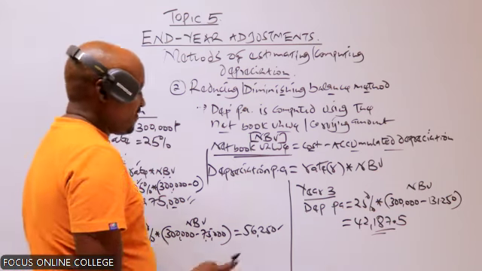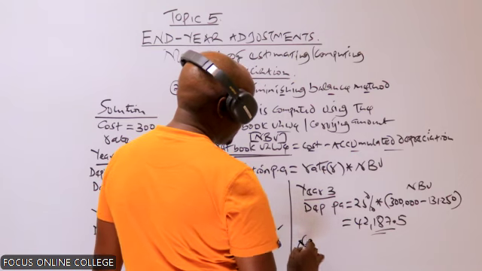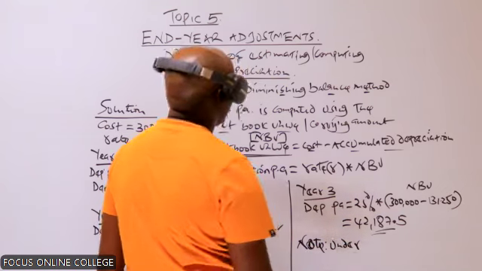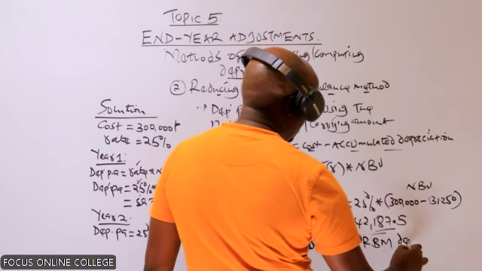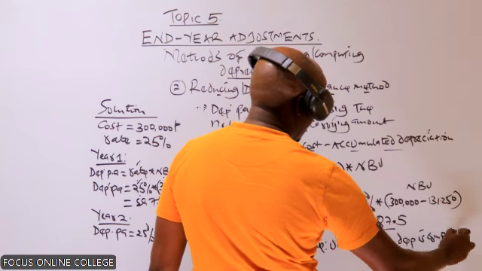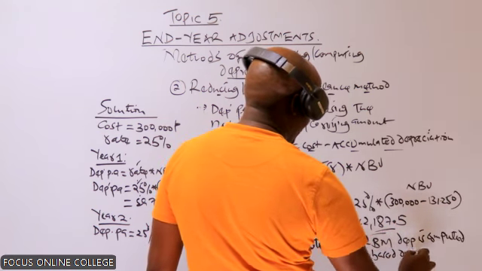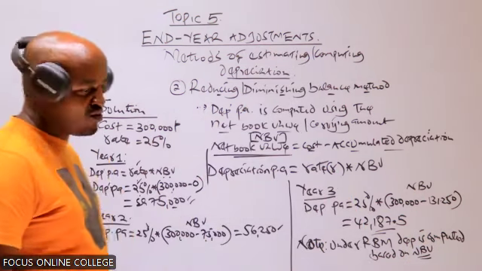Sasa? Yes. So therefore, to conclude on this method, we can say that under the reducing balance method, depreciation is computed based on the net book value.